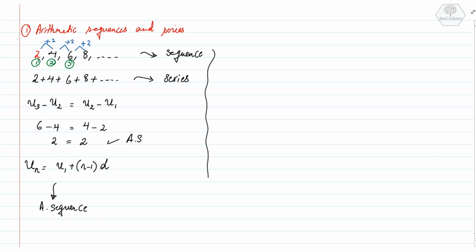If I want to go for the series, like I'm having 2 plus 4 plus 6 plus 8 and so on till I reach my nth term, to find the sum of all these numbers is really important and essential.